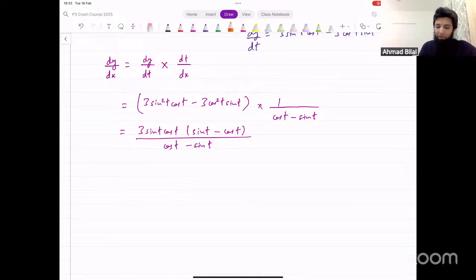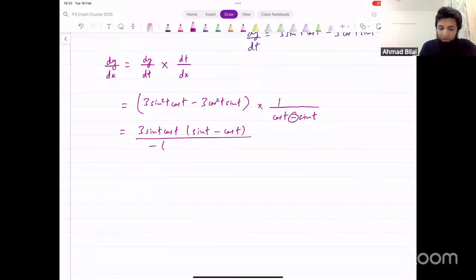Okay, so can we cancel these two out? Not yet. One is sine t minus cos t and the other is cos t minus sine t. Remember how we switch these terms? We can multiply with negative, or we can take negative common from the denominator. Let's say this was cos t minus sine t, right? I want to cancel it with this thing. What I can do is in the denominator, if I take minus common, what am I left with inside?